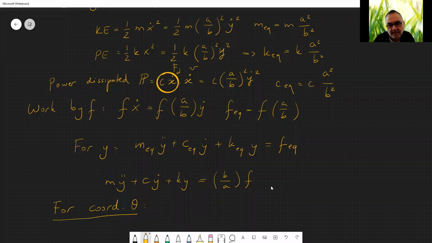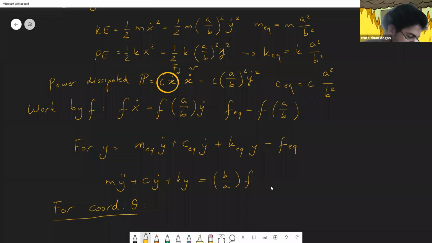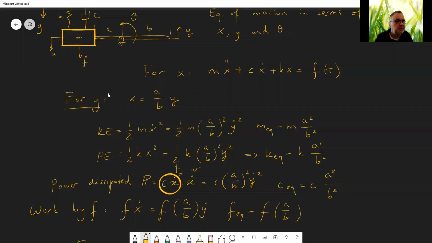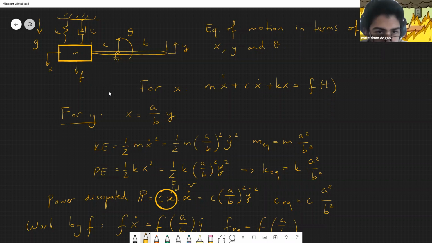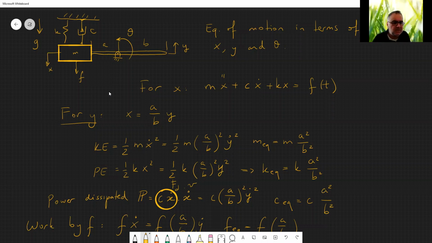But here, this end is fixed, so we don't have any motion here, and at the other end, the motion is x. So it is C times x dot, so it eventually becomes C x dot squared. Okay.